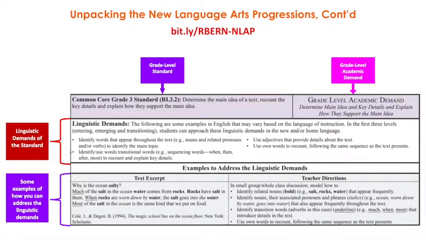So when you add those to the bold words, you will see that the student is now going to begin to understand even more of what the text is about. Let's read them. Salty, salt, ocean water, rocks, worn down by water, salt into the water, salt, ocean.